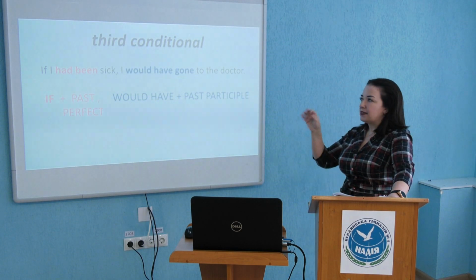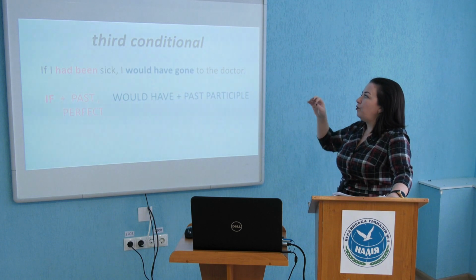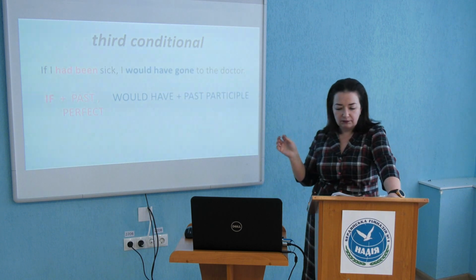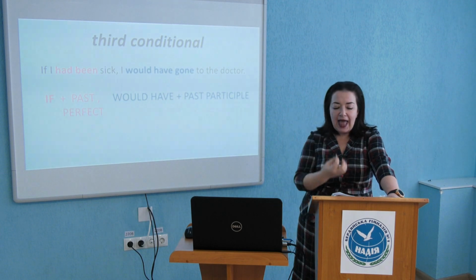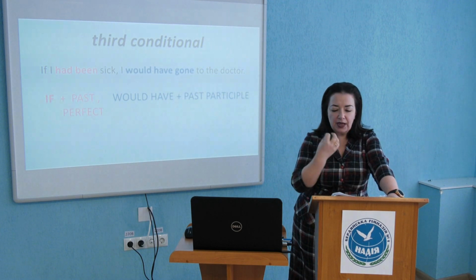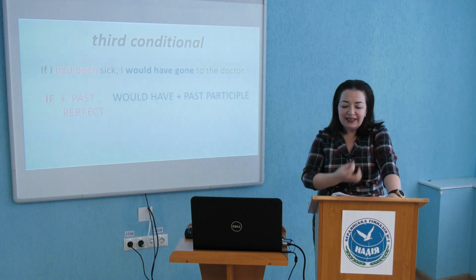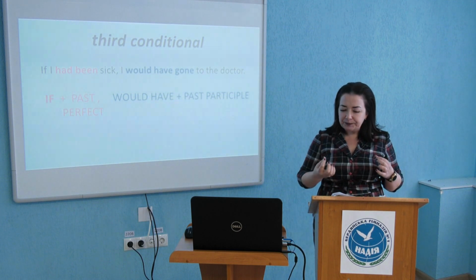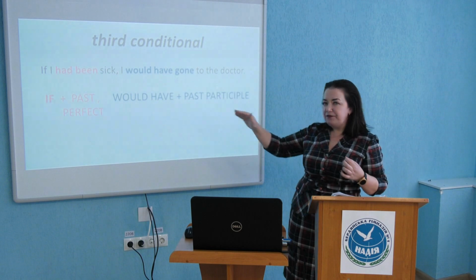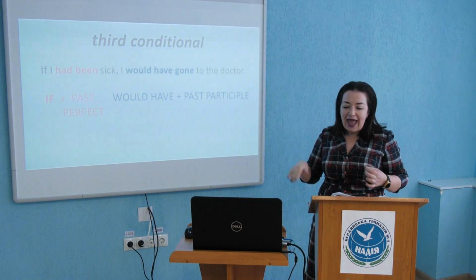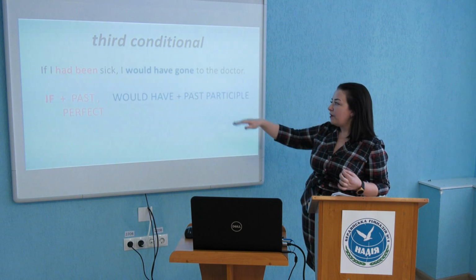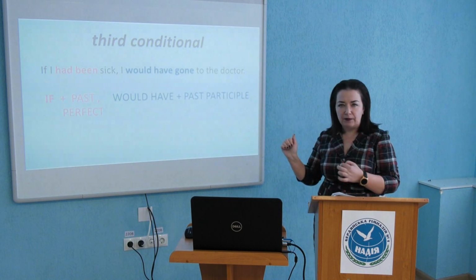If I had been sick, I would have gone to the doctor. We use this structure to imagine a different past, different to one that actually happened, right? We use if with the past perfect tense and would have with the past participle form.